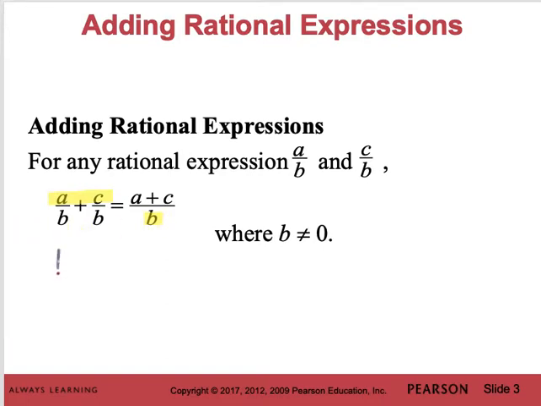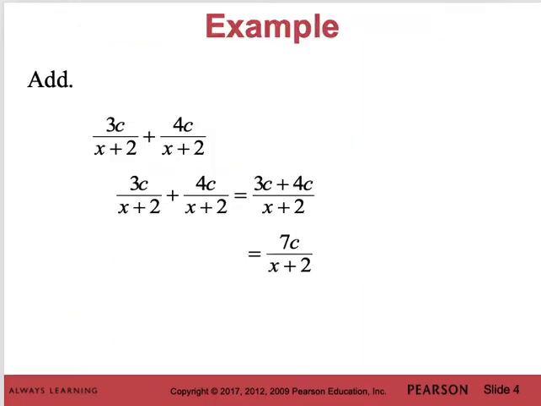For example, if I'm adding 1/3 plus 1/3, they both have the same denominator, so I can add across the numerators, and that would mean I have 2/3, as long as the denominator is not equal to 0, because then it would be undefined.